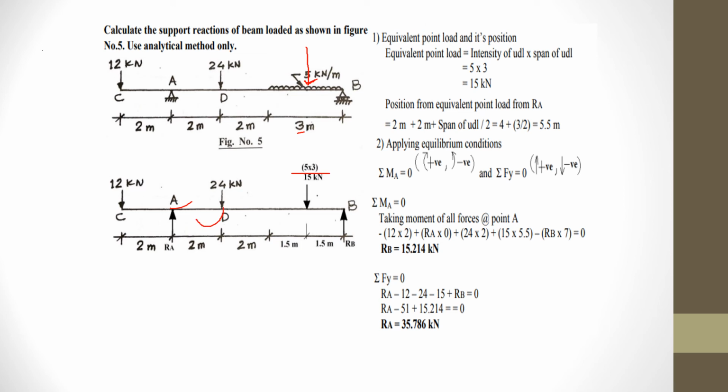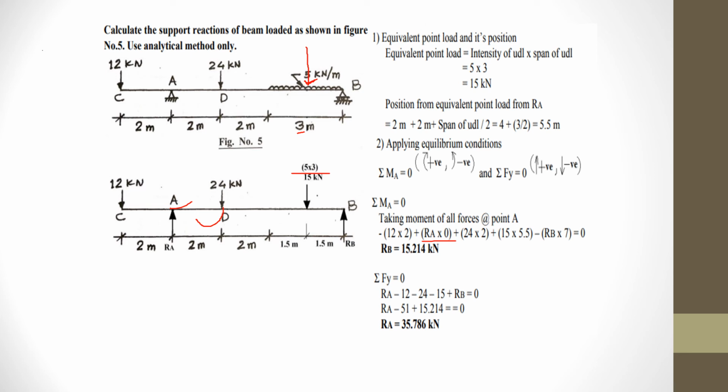Then 15 into 5.5 minus RB into 7. The distance of RB up to point A is 7 and it is anti-clockwise, so minus, equals to 0. So automatically RA into 0 is nothing but 0. So we will get RB as the only one unknown and its value is 15.214 kilonewton.